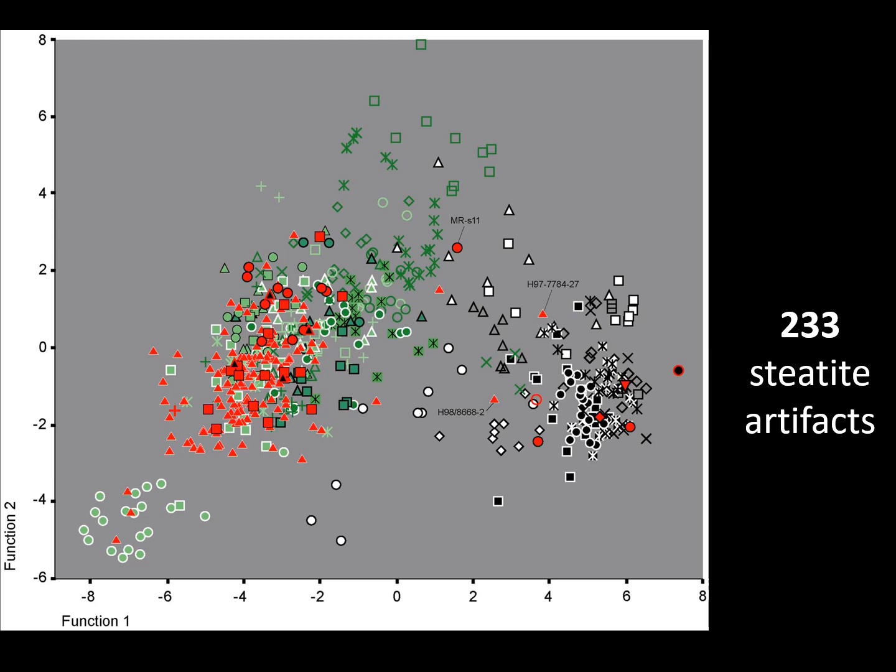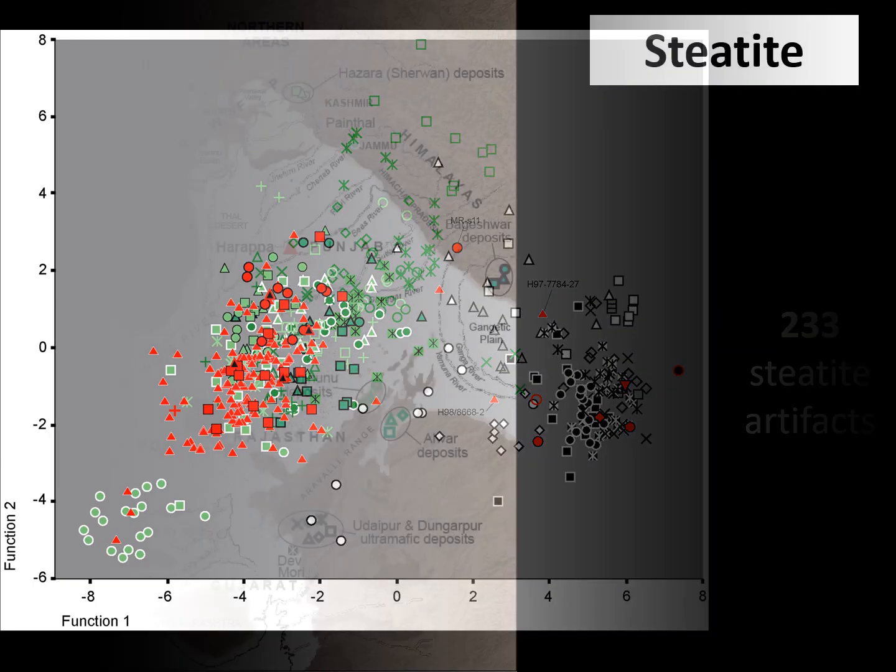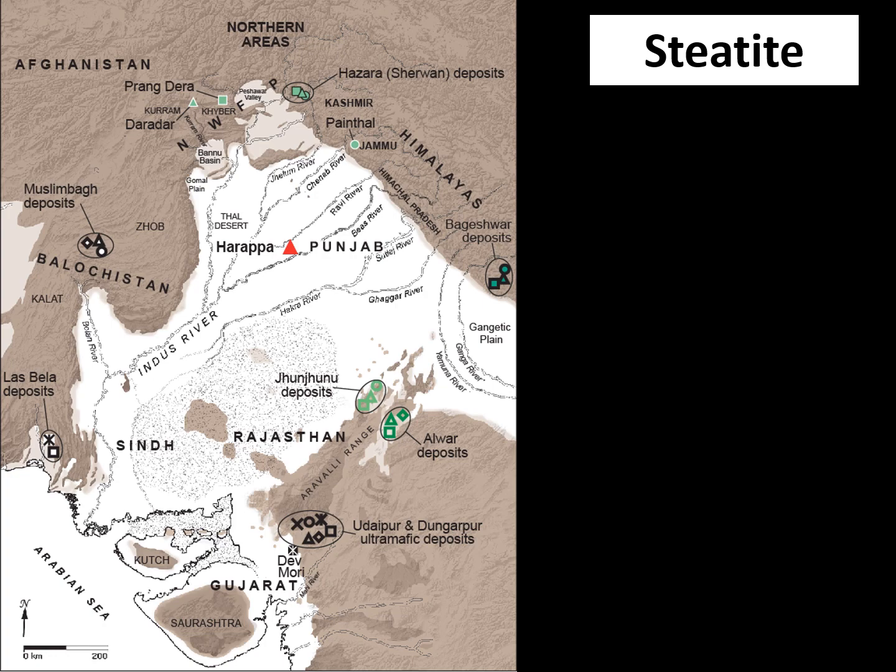In the end, we were able to get a predicted source membership for each individual artifact. And based on that, we have produced a provisional map of steatite acquisition networks in the ancient Indus Civilization.